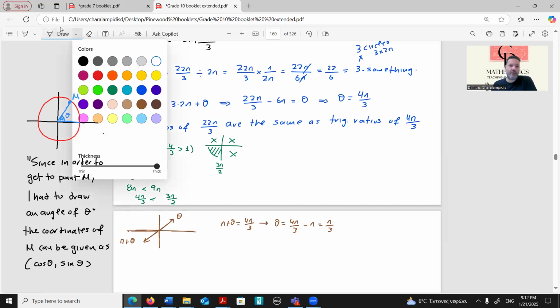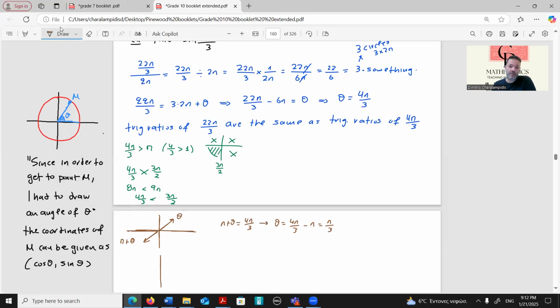So we are having the angle of pi over 3 here, which means that the coordinates of this point would have been cosine pi over 3, sine pi over 3, and also the 4 pi over 3 here, which means that the coordinates of this are cosine 4 pi over 3 and sine of 4 pi over 3. And we know that these two are opposites.